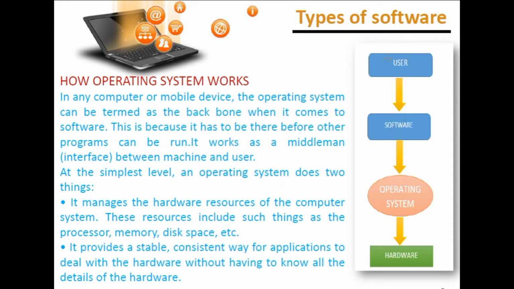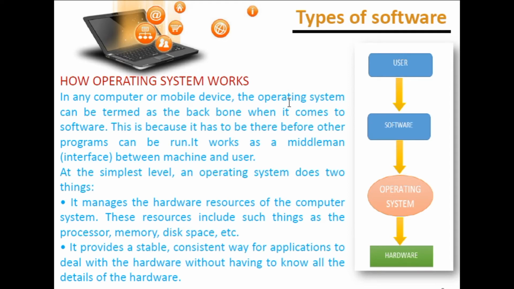The user cannot work directly with the operating system. The user works through application software, application software coordinates with the operating system, and the operating system coordinates with the hardware and application software.